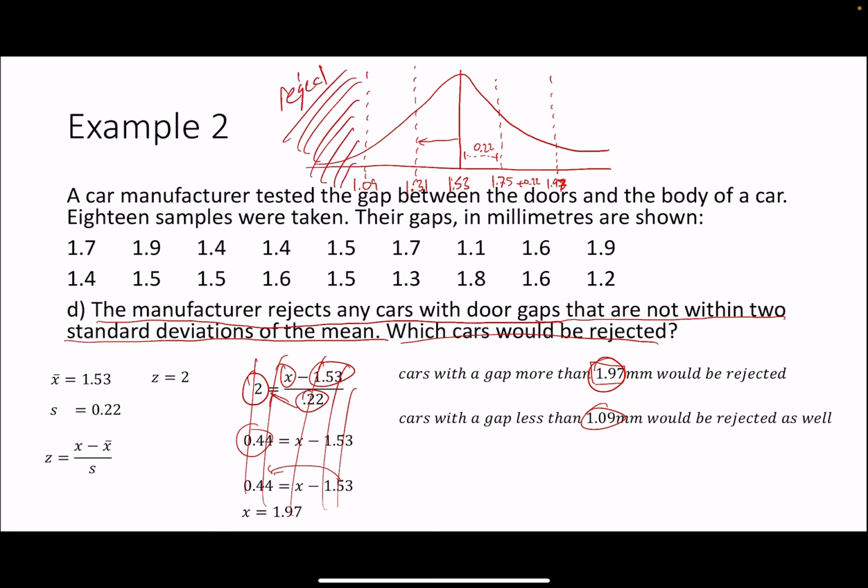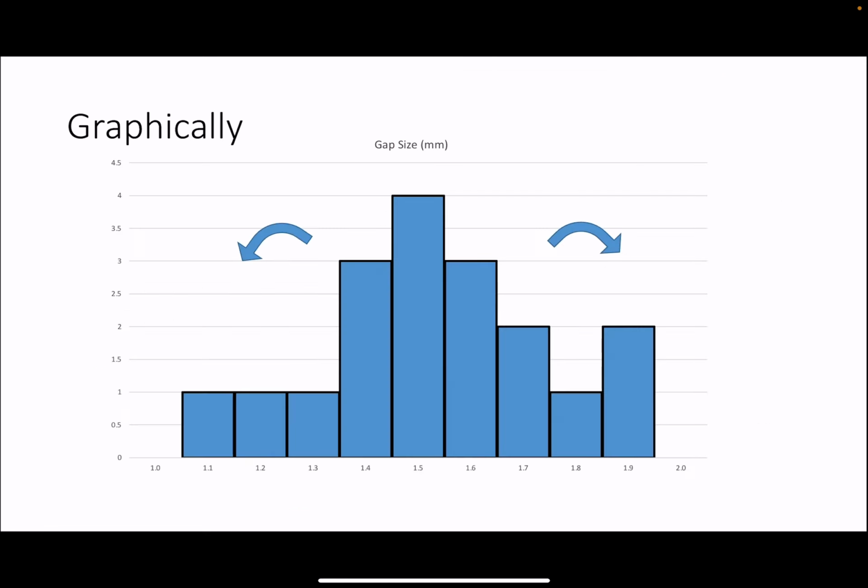Reject. Reject. So which ones would be rejected? Not this. Anything greater than 1.9? No. So nothing would be rejected. Anything less than 1.1? No. Any 1.0s? No, so nothing would be rejected.